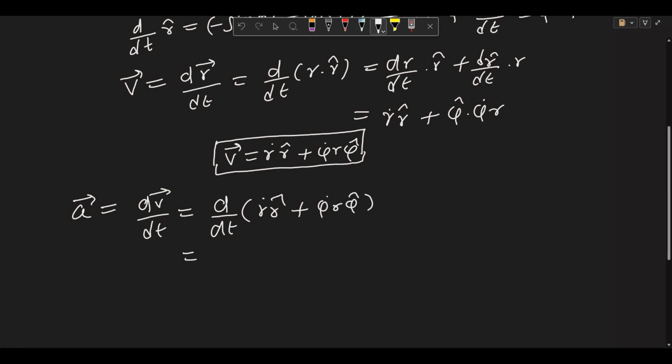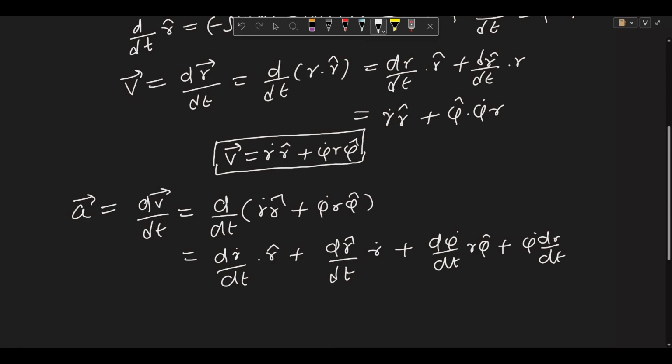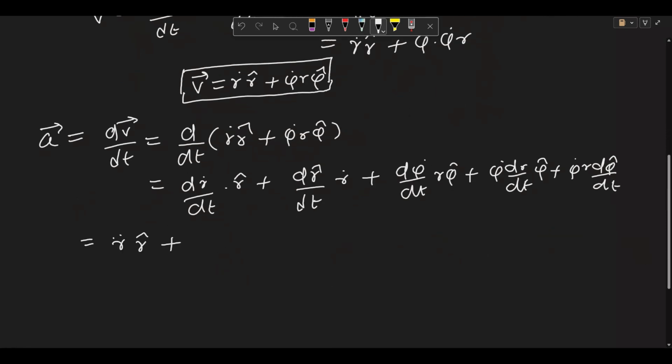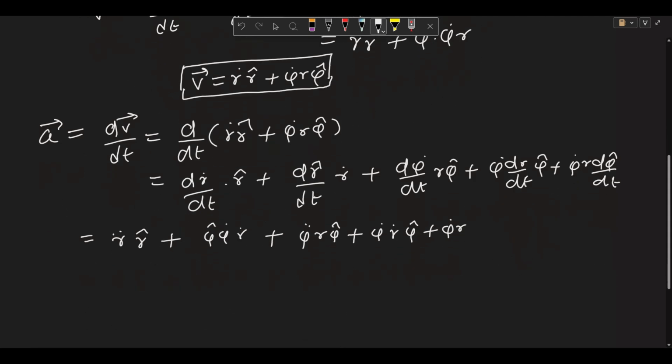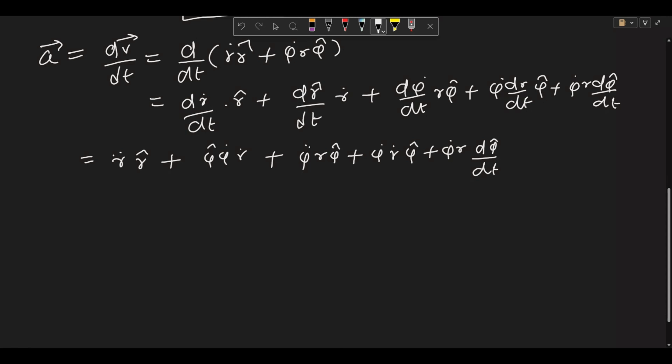This is nothing but r double dot r cap plus r dot d r cap by dt, plus phi dot r d phi cap by dt. Now this is the term which we have to find out, the new thing.